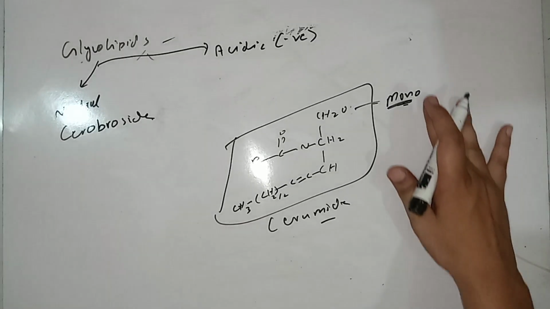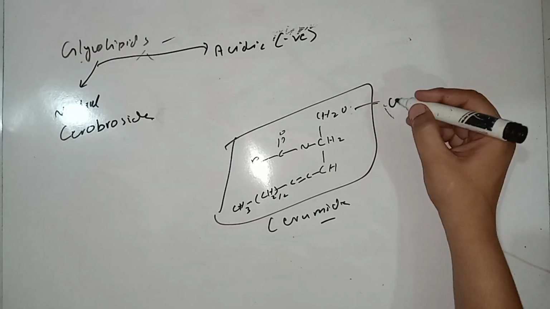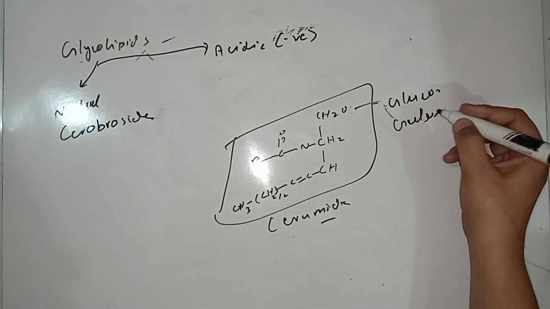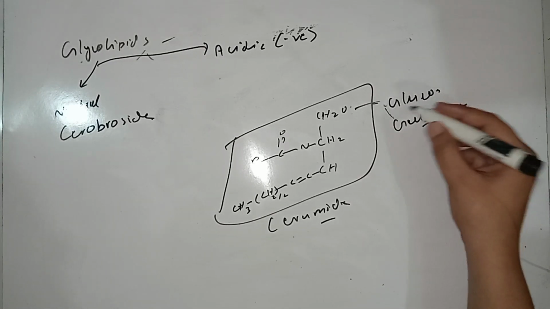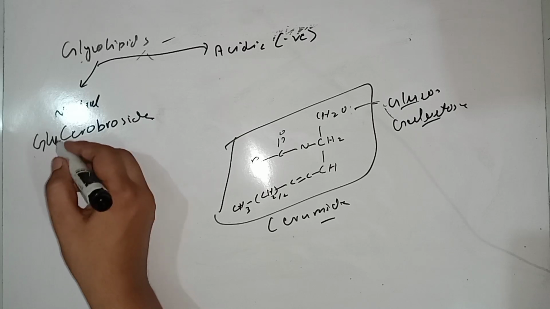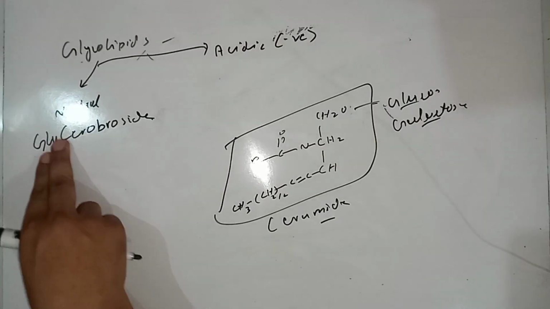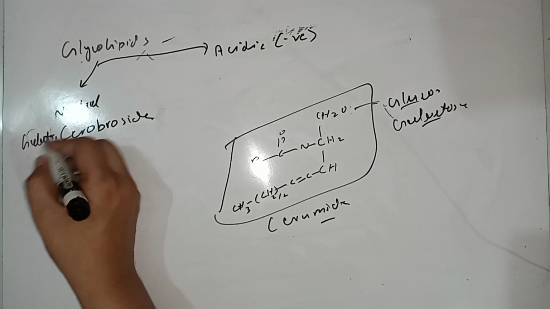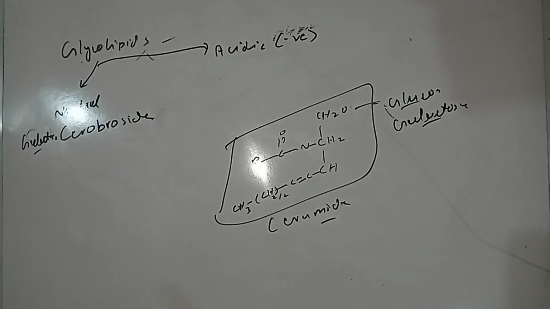This monosaccharide can be glucose or galactose. If glucose is present, it is called glucocerebroside. If galactose is present, it is called galactocerebroside.